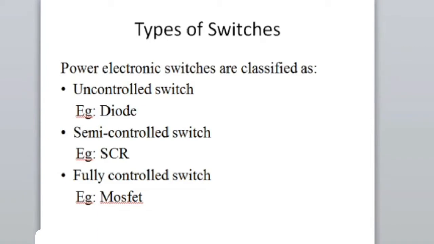If you understand the fully controlled switch, you can better understand the semi-controlled switch. Examples of a fully controlled switch are the MOSFET or BJT. What are the terminals of the BJT? Emitter, base, and collector.